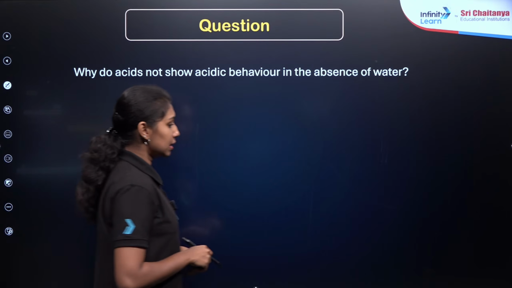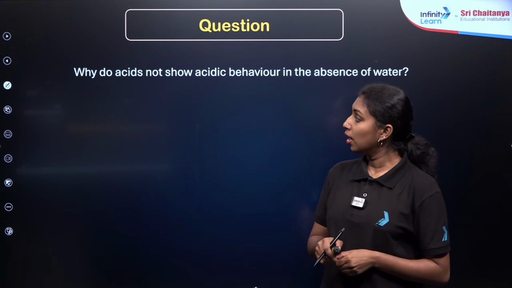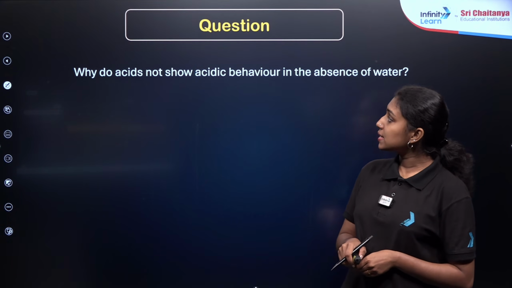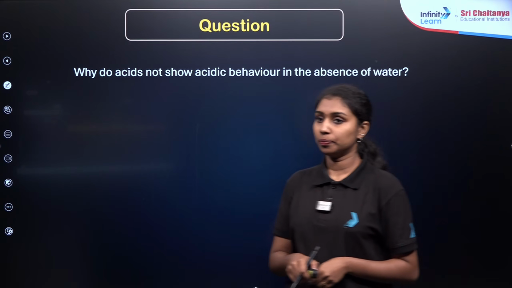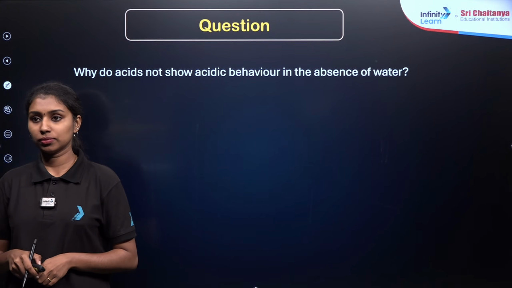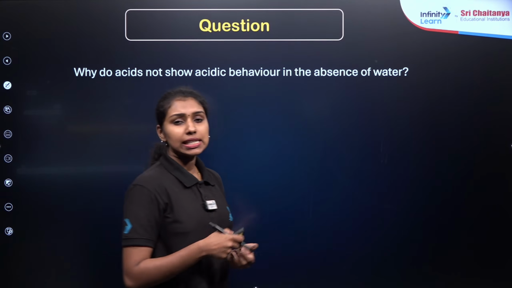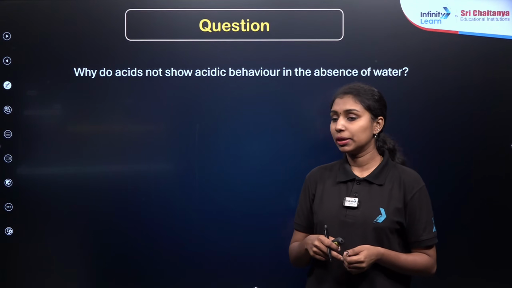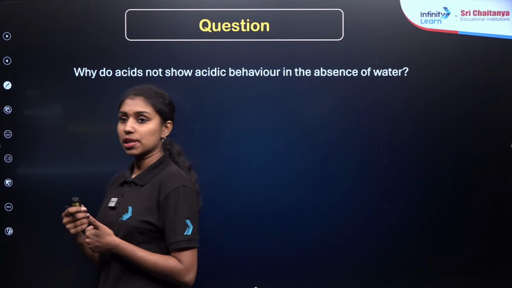Here is another type of statement question. Why do acids not show acidic behavior in the absence of water? So what is the condition for acidity? I mean, the condition for acids, whether they are providing H+ ions or not.